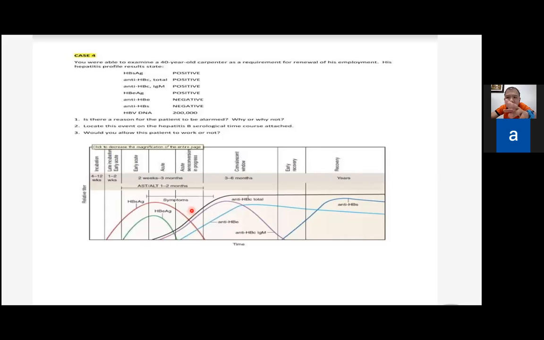So the area over there. So from the part where IgM of anti-HBC rises until the part where the HBE goes down, okay? So i-point gali asa man nag-start og saka ang the IgM.